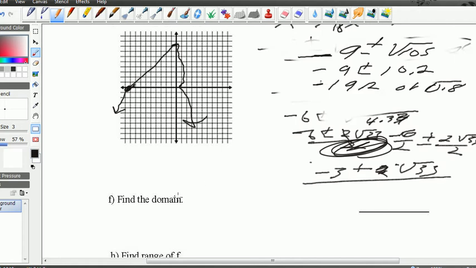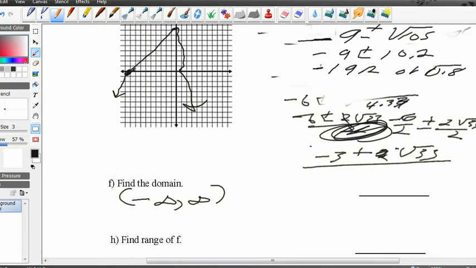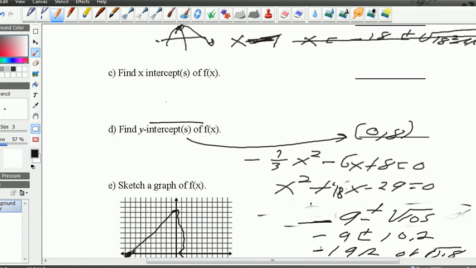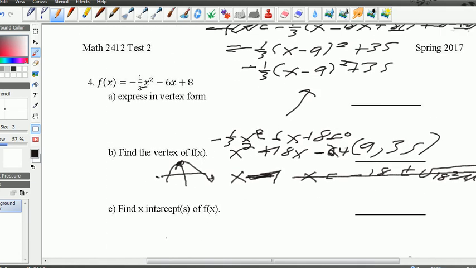So your domain is what? Minus infinity to infinity. And your range should be that high point. Once again, you can try to complete the square and find the maximum, or you can use minus b over 2a.